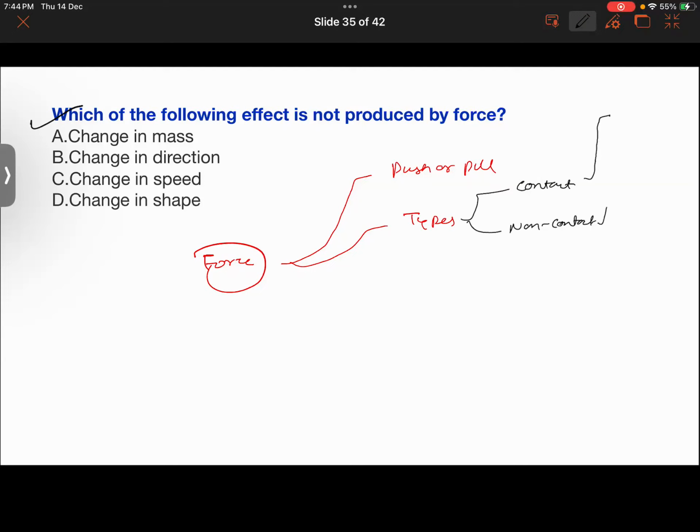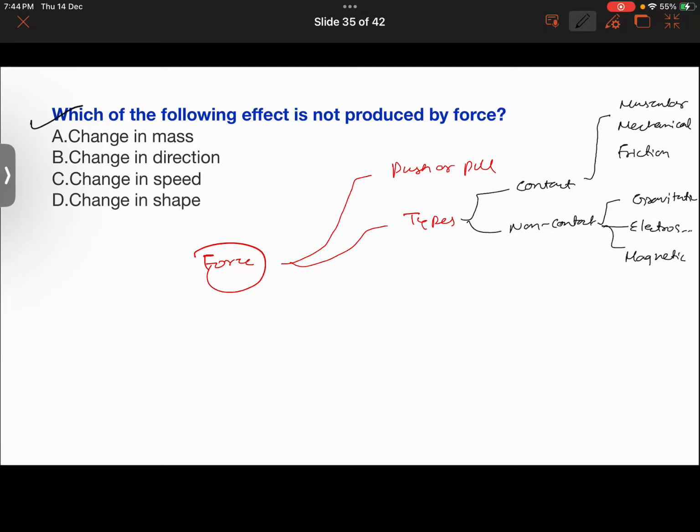Sir, muscular force, mechanical force, and frictional force. And in non-contact forces, you had the gravitational force, electrostatic and the magnetic, right?